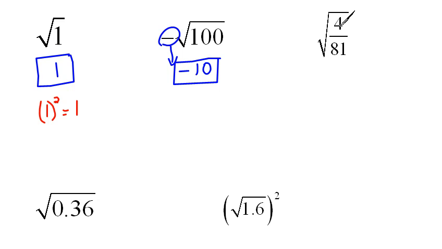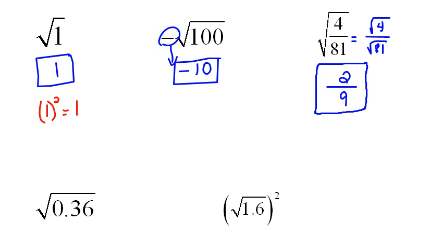When we have a fraction underneath the radical sign, it is the same thing as if we took the square root of the top and then the square root of the bottom. So the square root of 4 would be 2, and the square root of 81 would be 9, because 9 squared is 81. Again, just think about this as going forwards and backwards.